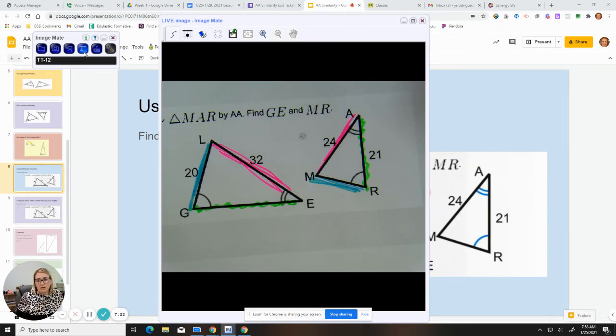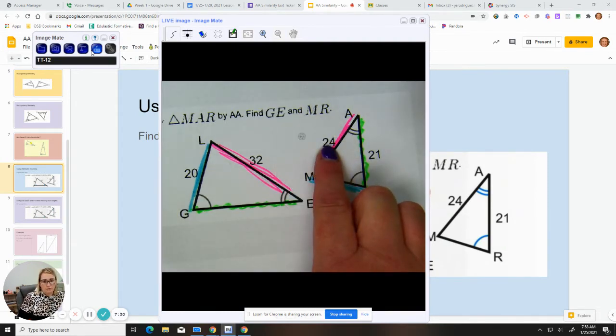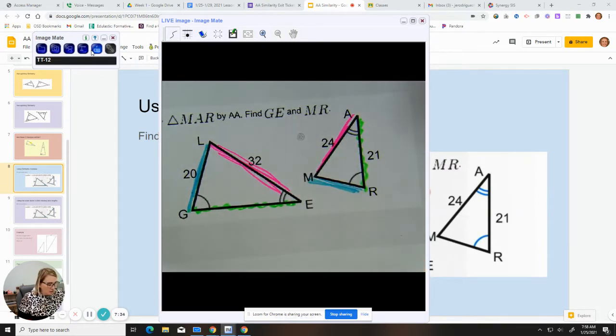But first thing I want to do is find the scale factor. So I need to figure out, how did we get from 32 to 24? Okay, from 32 to 24. So the easiest way to do it is to actually just divide the two numbers.